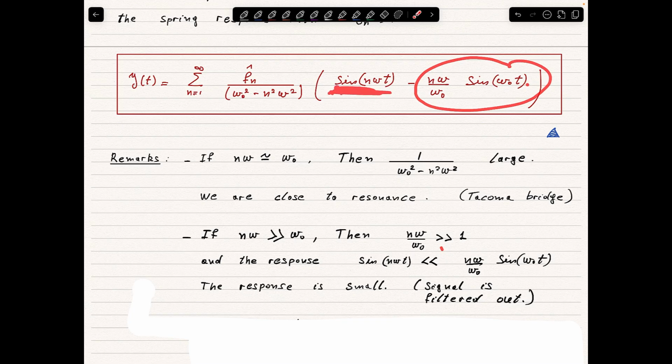This is the response of the system, recall, and this is the natural oscillation of the system. So the response for a frequency with this condition is going to be small. So essentially that part of the signal is going to be filtered out by the spring or your system. And this is what essentially we want if you are building a bridge.